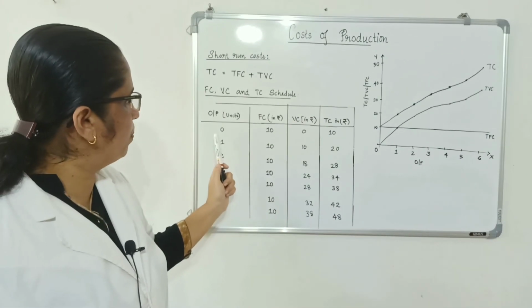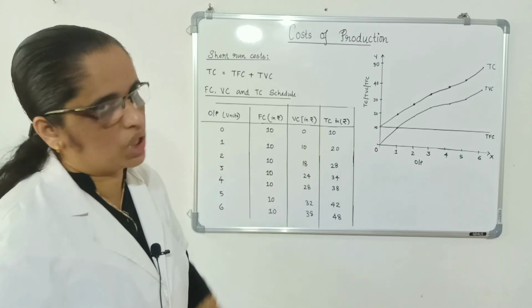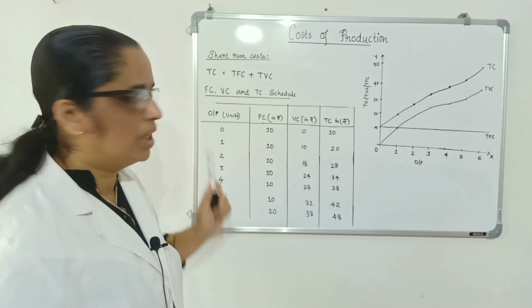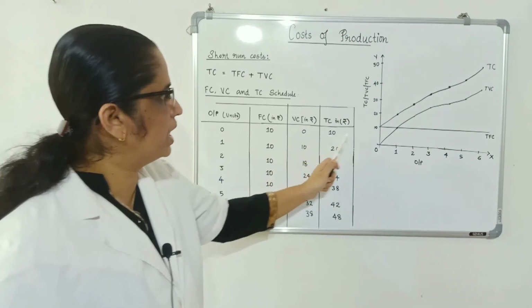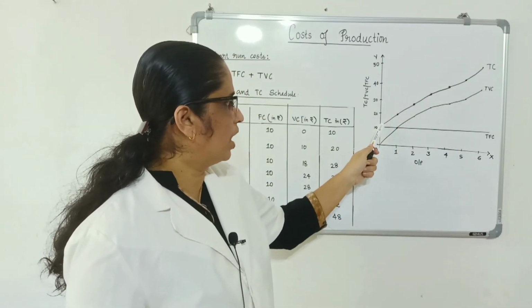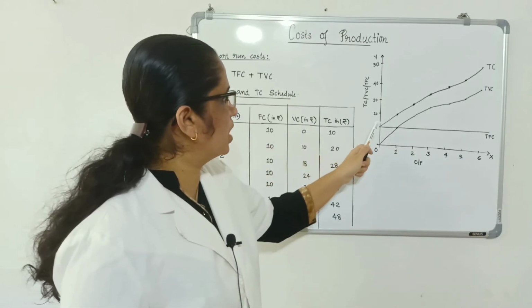And next, if you plot output and total cost, total cost is a sum of fixed and variable cost. If you plot output and TC, you will get the TC curve, starting from the positive range. That is, output is 0, total cost is 10.